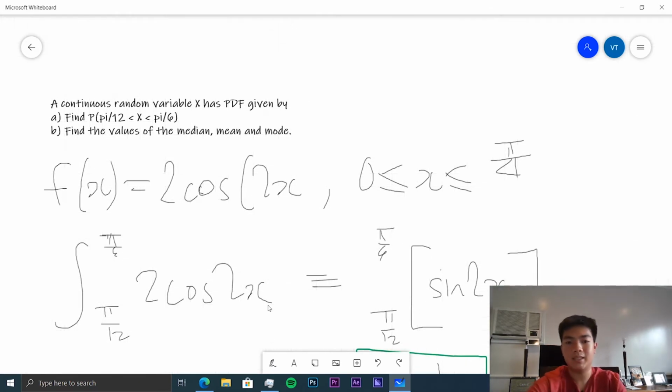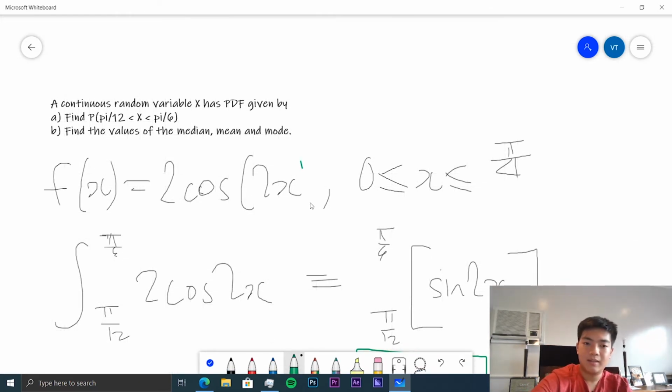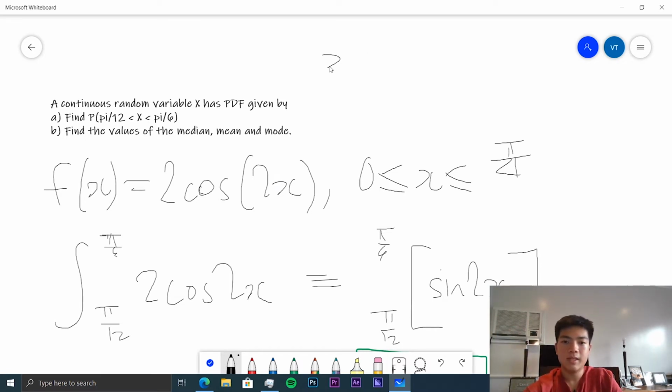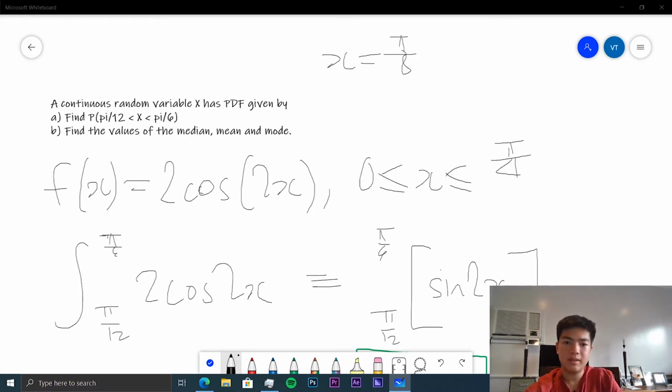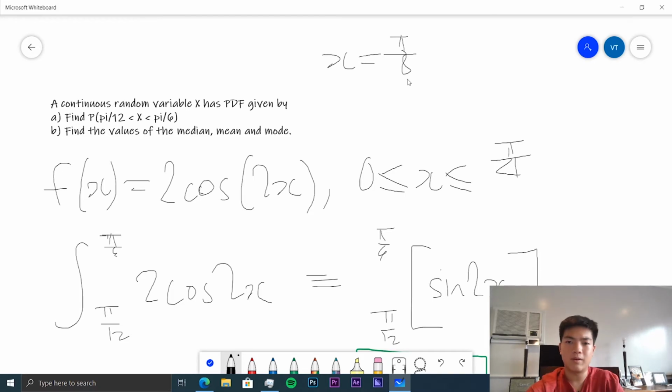So mode is the easiest one. The mode will be when cosine 2x is equal to 1. So x is equal to pi over 8 will be the mode. No, pi over 4. No, wait, because we need pi over 2.